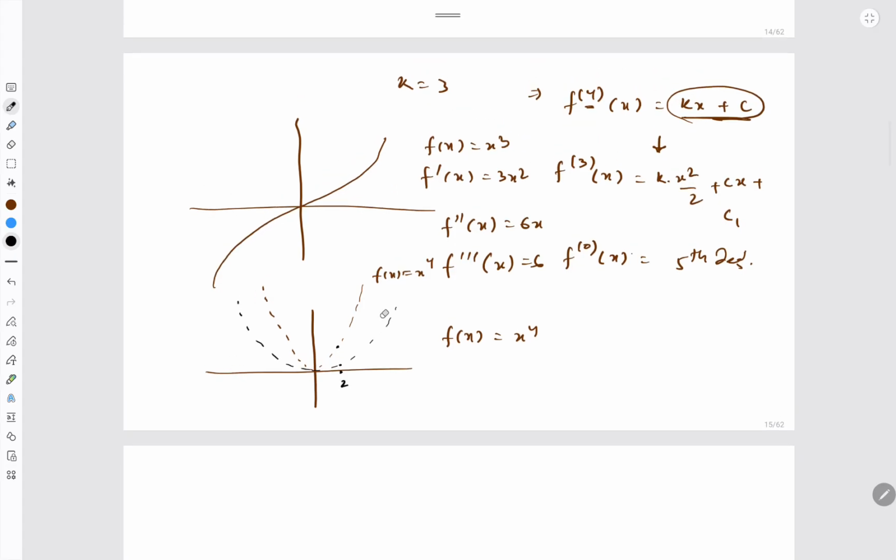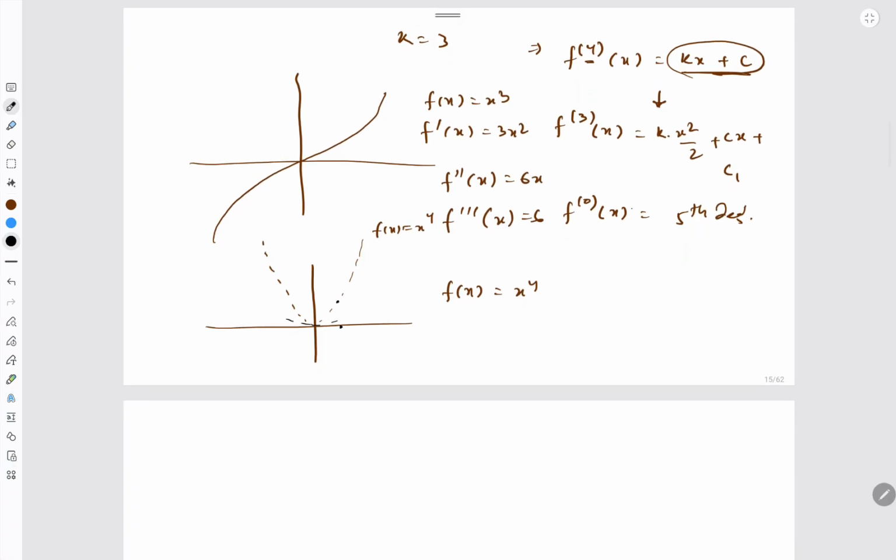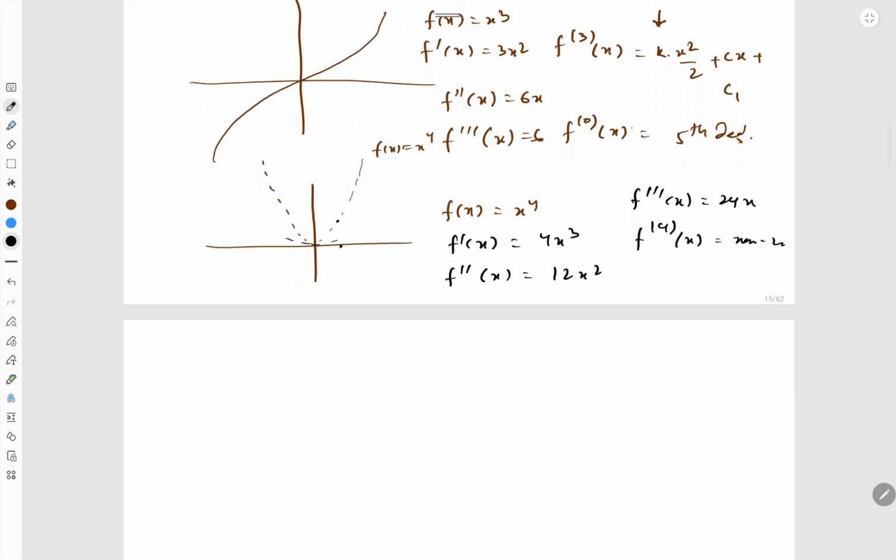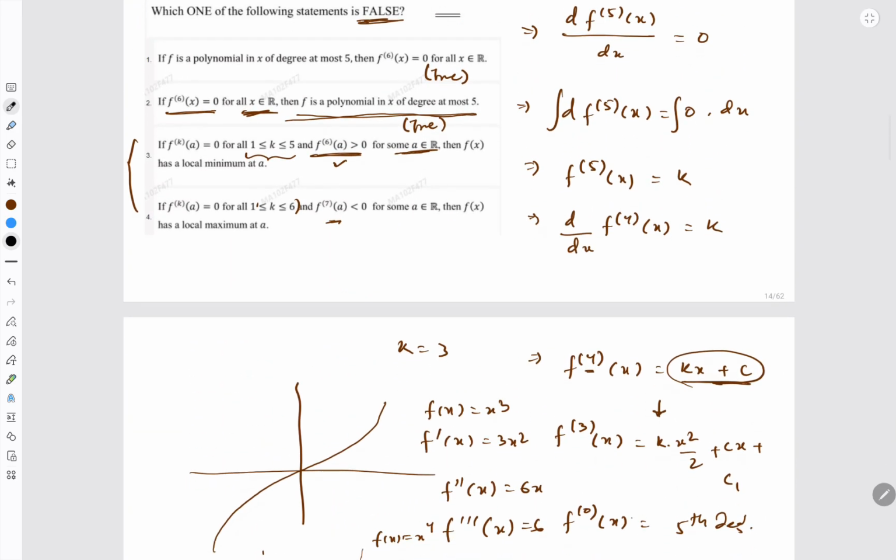Obviously. So that is not useful here, I just gave you one concept. Here the first derivative is 0, the second derivative 12x square is 0, the third derivative 24x is 0, and the fourth derivative is non-zero, right?